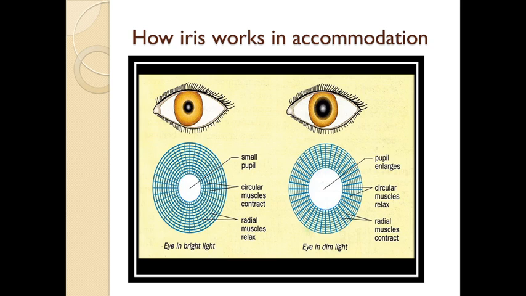Then, in the case of dim light, on the right side, we can see that the pupil has enlarged. The pupil has become large, that means the pupil has dilated, and it has happened due to the relaxation of circular muscles and contraction of radial muscles. It is important to remember what happens to the iris muscle in each of the cases.